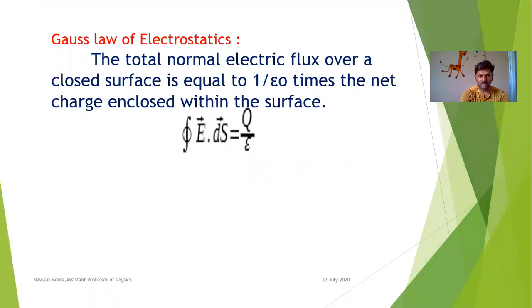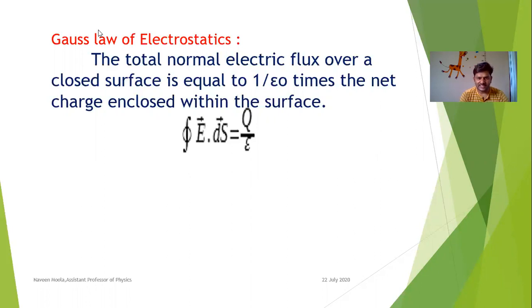Before entering into applications of Gauss law, I just want to remind you the definition of Gauss law of electrostatics. The total normal electric flux over a closed surface is equal to 1 by epsilon naught times the net charge enclosed within the surface.